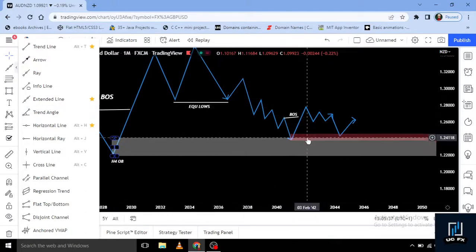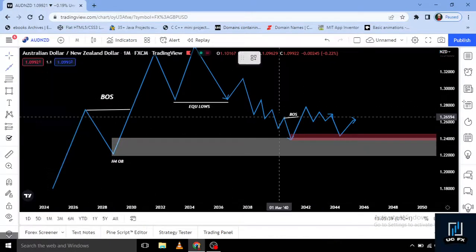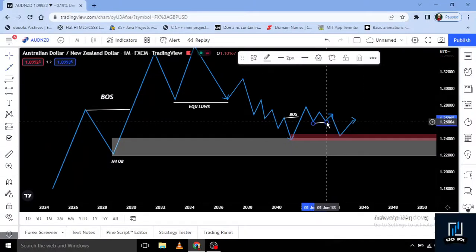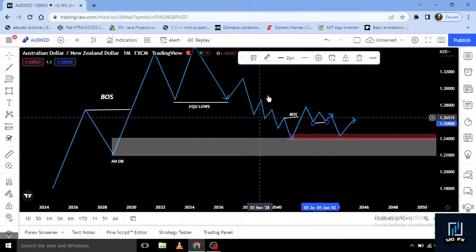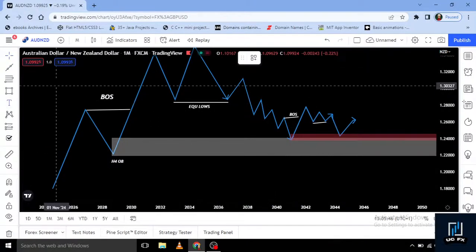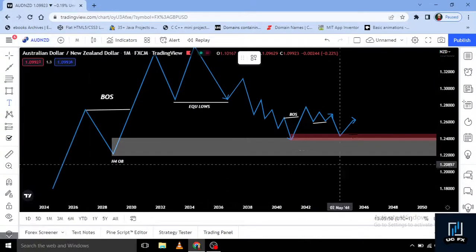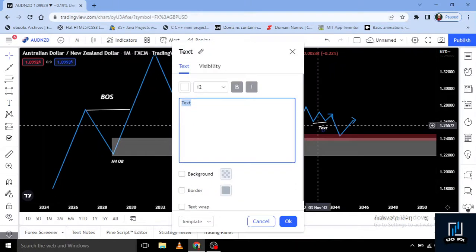So right here we have another order block. You mark out this area as equal lows as well. You're gonna be marking this out. We have another equal low.